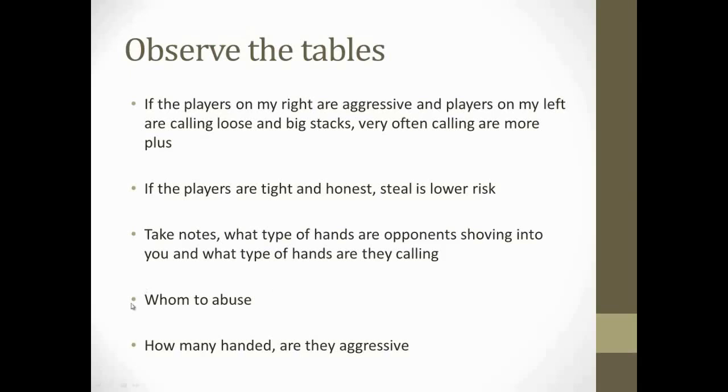Third one is whom to abuse. It's kind of similar to the second one, and this is more for the final table. If we have a big stack at the final table, we want to know who is following ICM and who is not. If we have 4 players and we have 20 big blinds and all others have 10 big blinds, ideally we can shove a lot because they cannot call really light due to ICM.